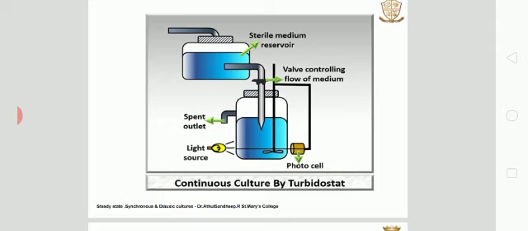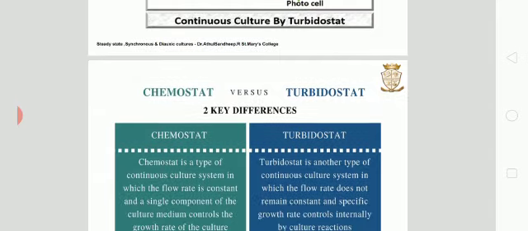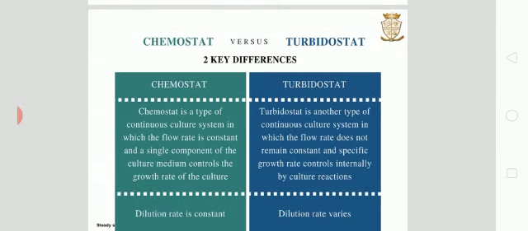Continuous culture by turbidostats. Okay. Then the major differences between chemostat and turbidostat. The major difference is that the chemostat is a type of continuous culture system in which the flow rate is constant.